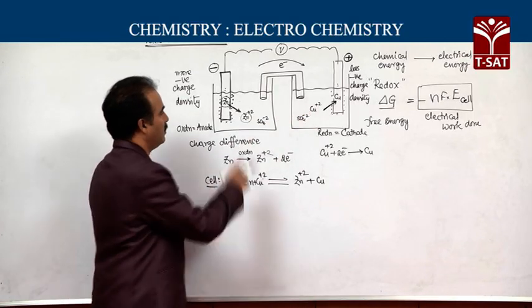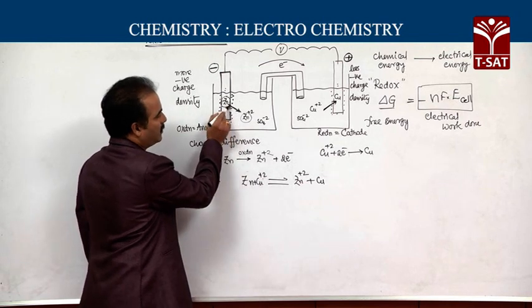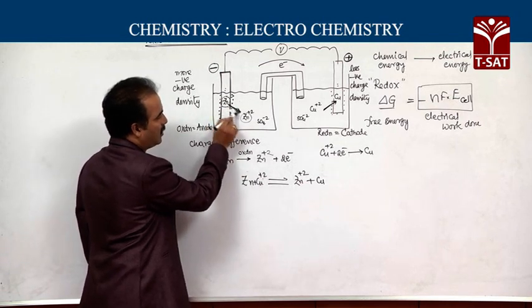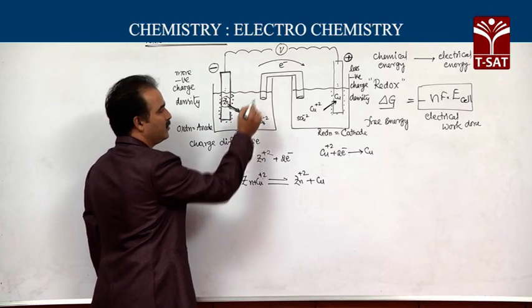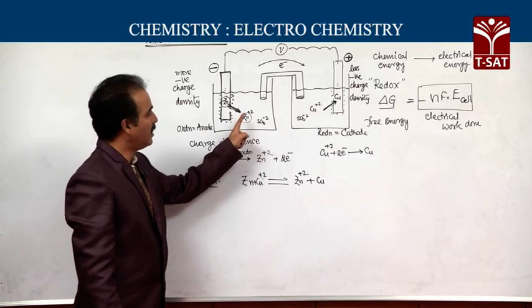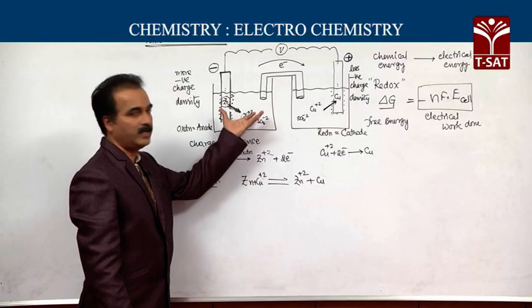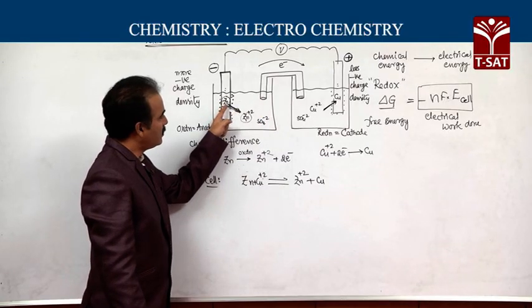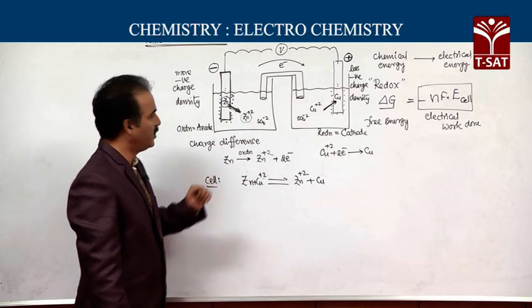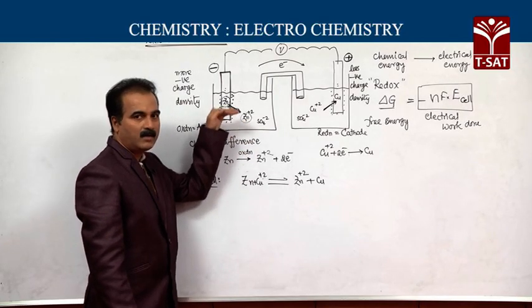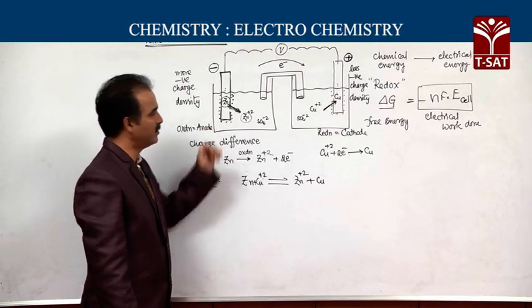Now, if oxidation of zinc occurs continuously, the concentration of zinc plus 2 keeps increasing. As the concentration of zinc plus 2 increases, the tendency of zinc to go into solution gradually decreases, meaning the potential developed here gradually decreases.